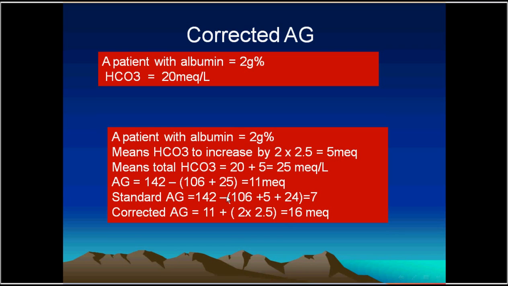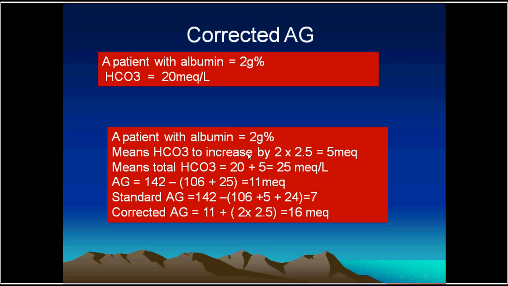So you can take it this way or another way. What is the normal for this patient if he has nothing else? If the patient just has hypoalbuminemia, the bicarbonate plus the difference will give you the normal, the standard anion gap for such a hypoalbuminemic patient.